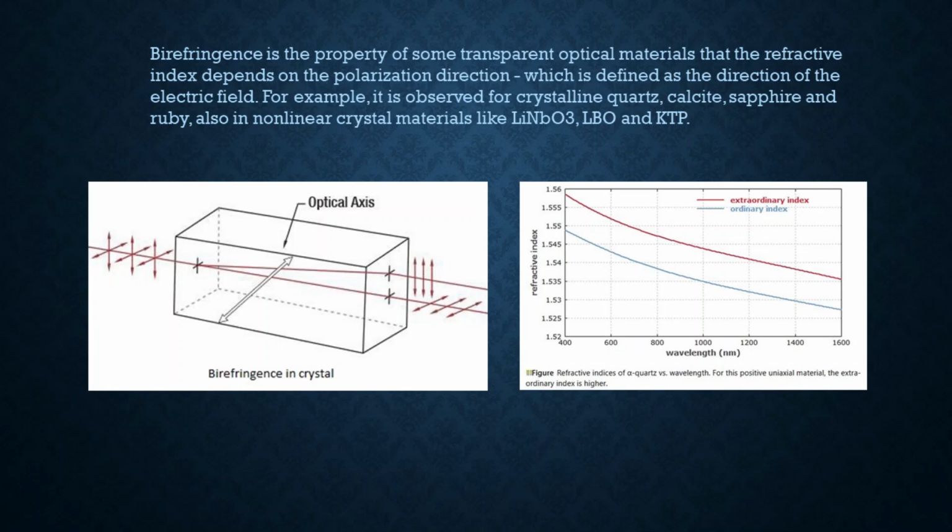So, birefringence or double refraction is basically, there are some crystals like calcite or quartz.